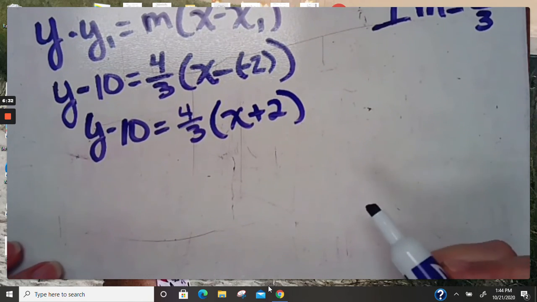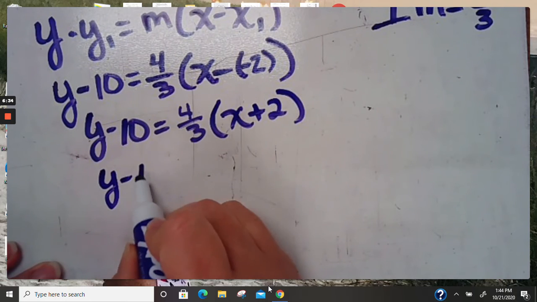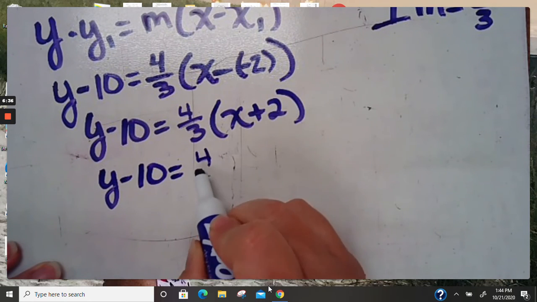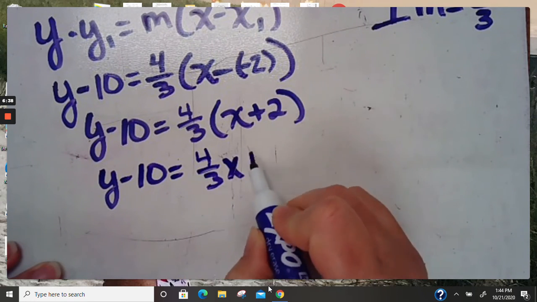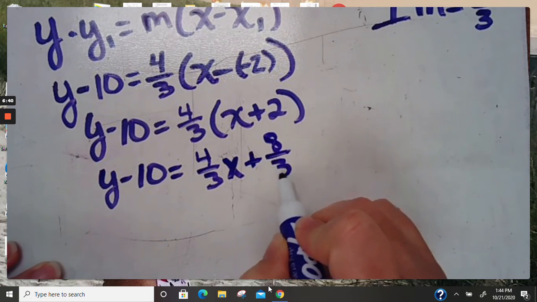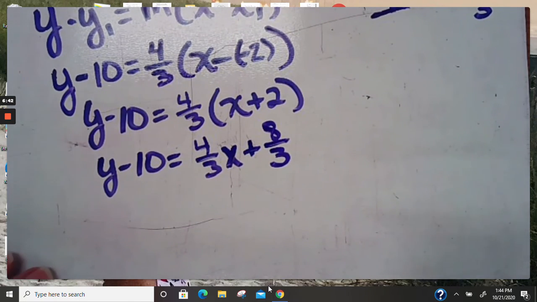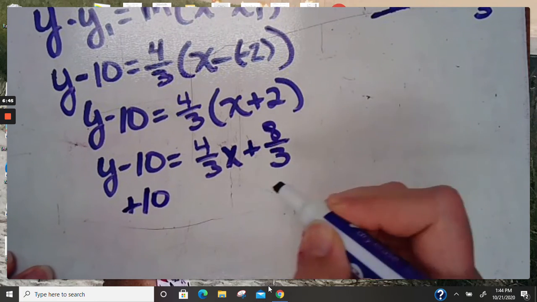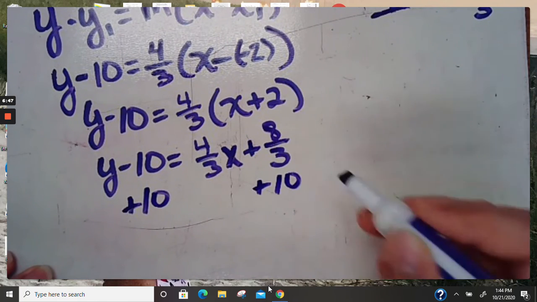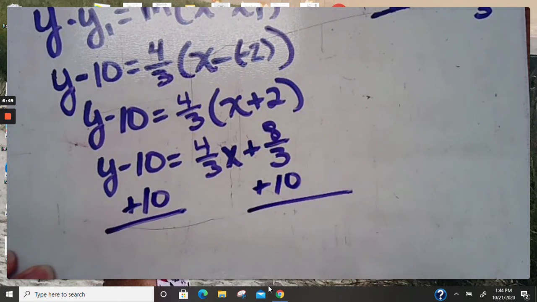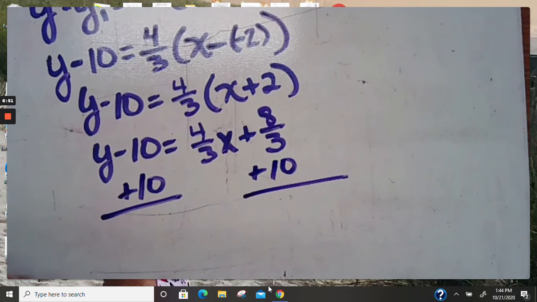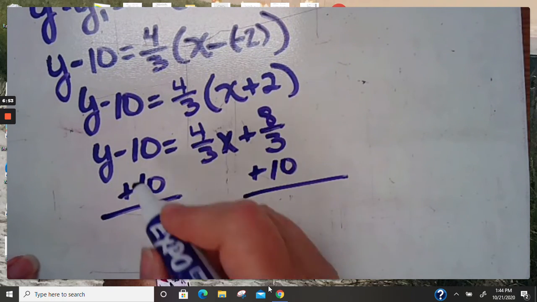Now I want to do the distributive property, so that's y minus 10 equals 4/3 x plus 8/3. And then I want to add 10 to both sides. Now I add 10 to 8/3 because those are like terms. Neither one of them has a variable, but I'm going to have to find a common denominator.